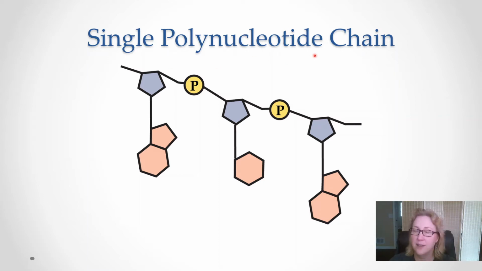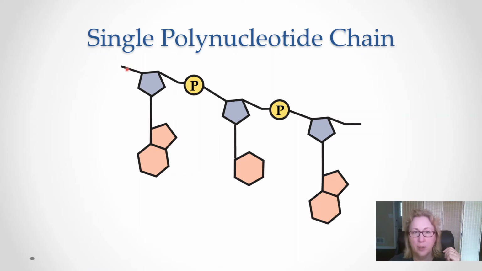Polynucleotides is the general term for the polymer, and the only polynucleotides that we find in living things are DNA and RNA. So here is our single polynucleotide chain, and the little purple shapes here, these are the sugars, and then the orange ones are the bases.